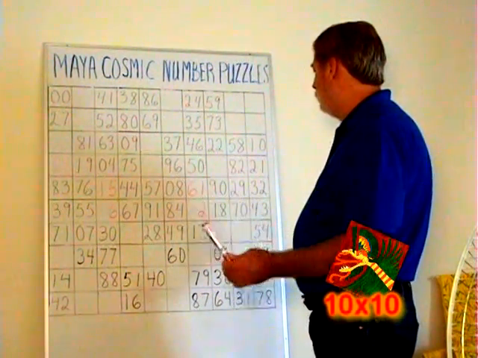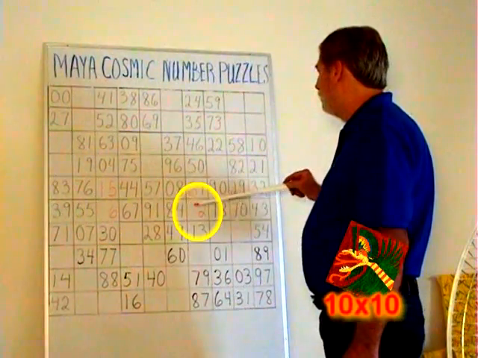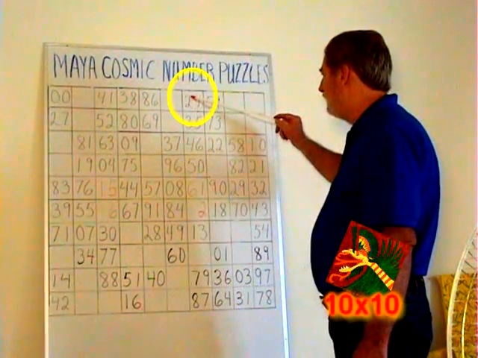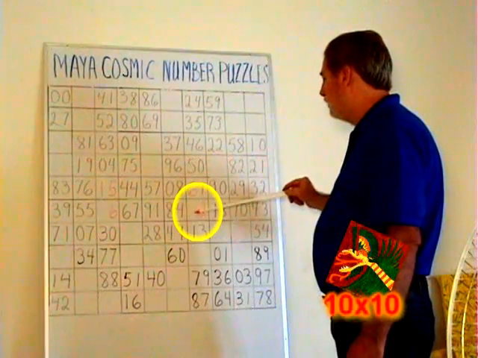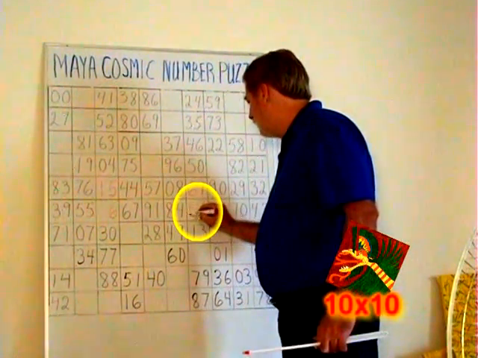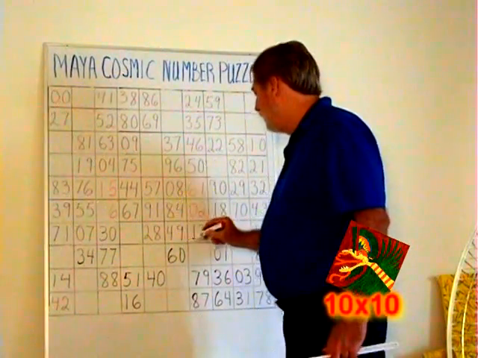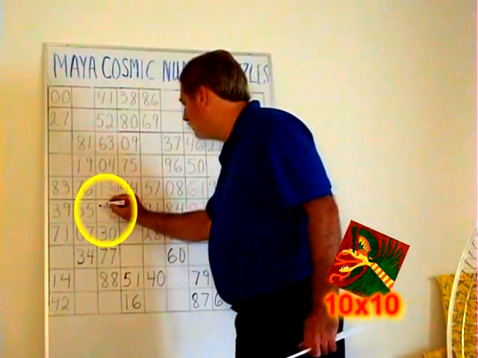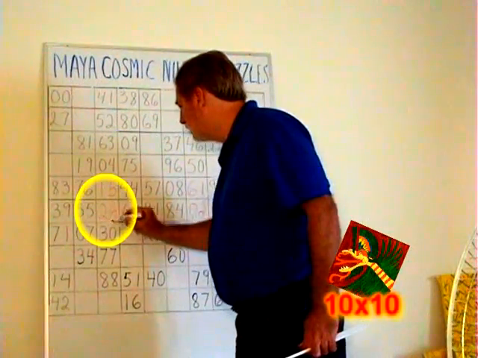When we look as to where to place the 2 or the 0, we see that we already have a 2 in this column here. So that would mean that the 0 would have to go here, and the 2 would be placed here.